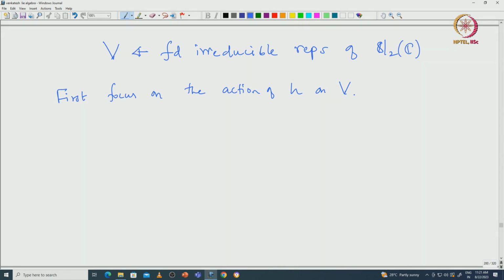Let us say mu is an eigenvalue of h, because if you take the characteristic polynomial of h, it should have some root over C. That is what I am calling an eigenvalue. In particular, there will be a corresponding eigenvector corresponding to mu.